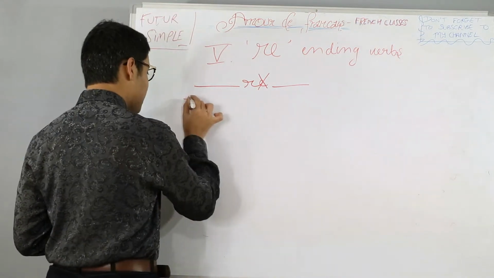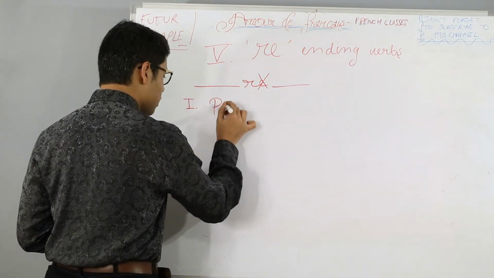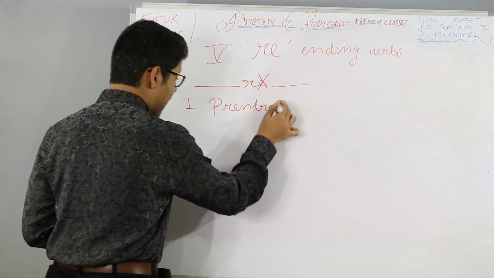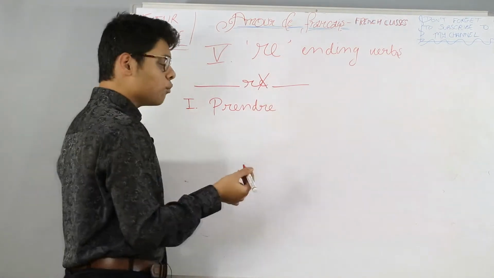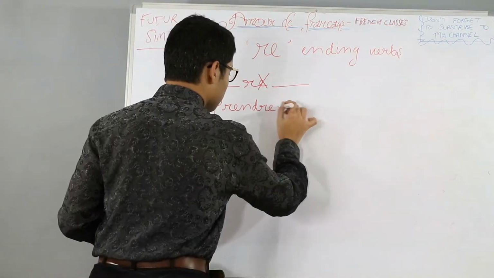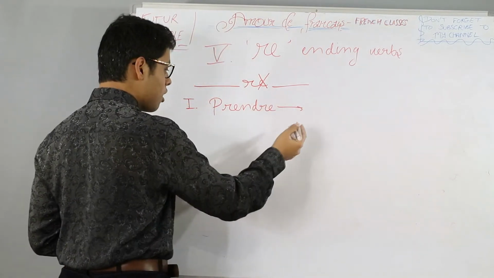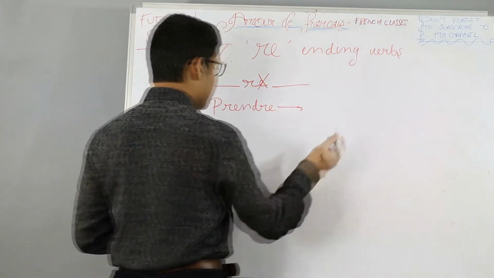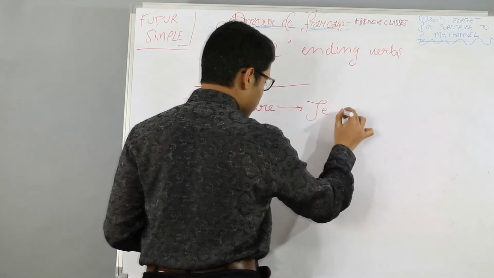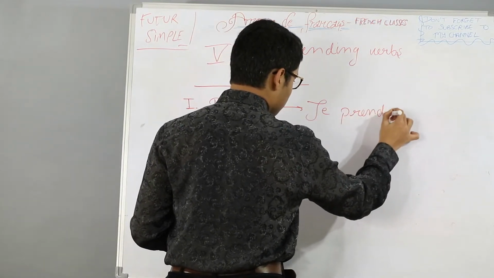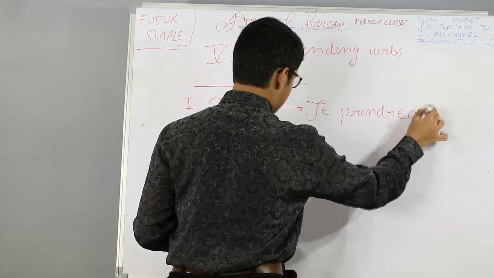For example, let's take the verb prendre. It has RE at the end. So what we will do? Remove E and then write the future simple. Let's make it with je: je prendrai.